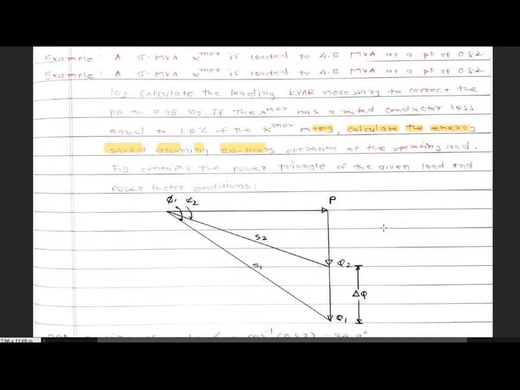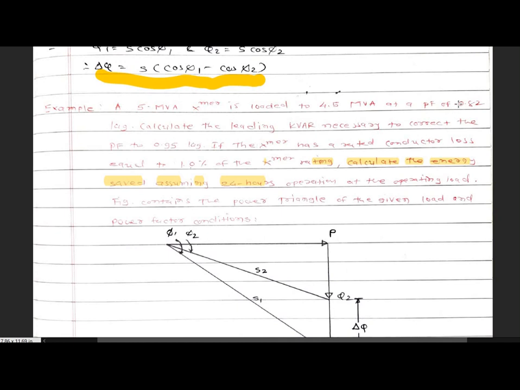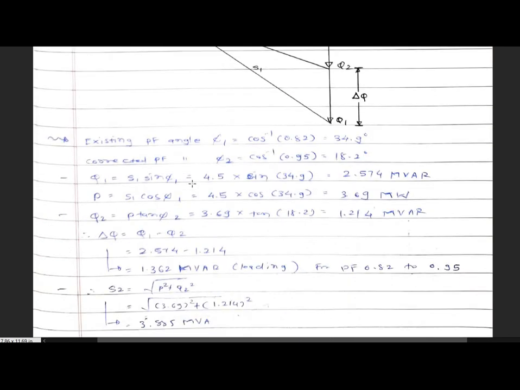18.2 degree. So we find the power factor angle for the 0.82 and 0.95 power factor. Now Q1 is given by, we know the equation for Q is equal to S sine phi 1.